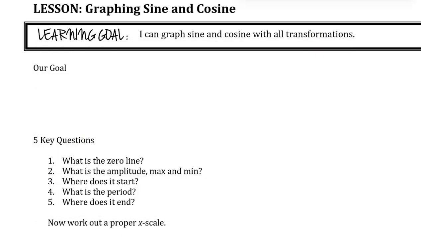is to do this. For sine, here we go. Find those 5 key points. And this is for the base curve. And then for cosine, what are the 5 key points?